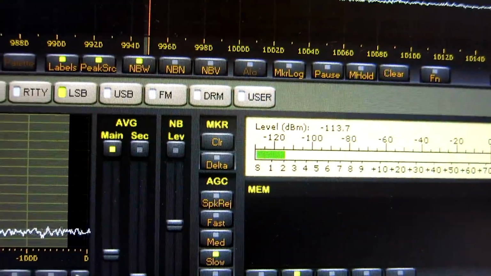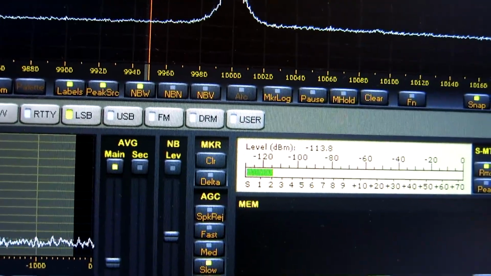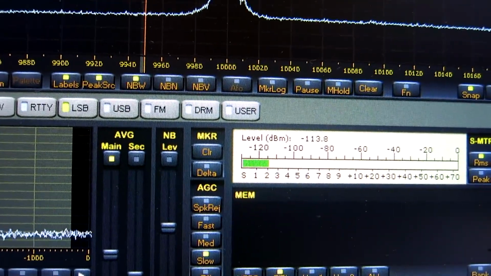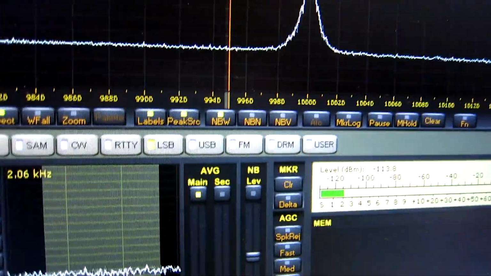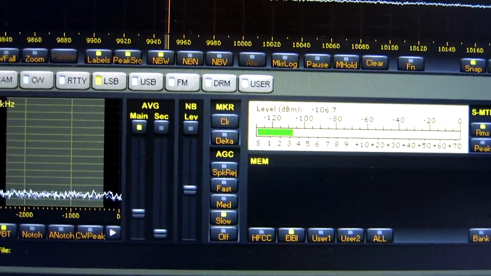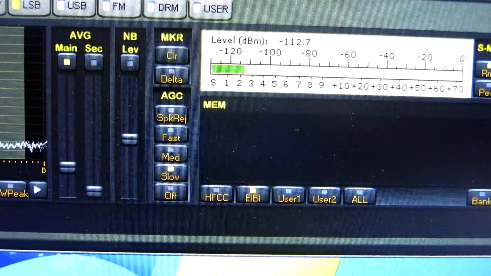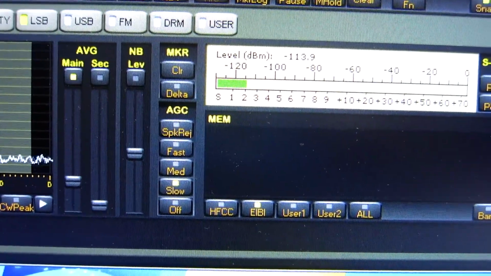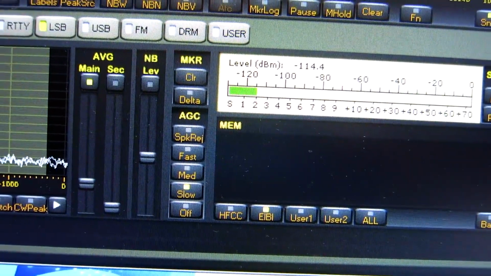Now, minus 113.7 with the signal present, and I switch it off and look for what will be the new, minus 114.4.